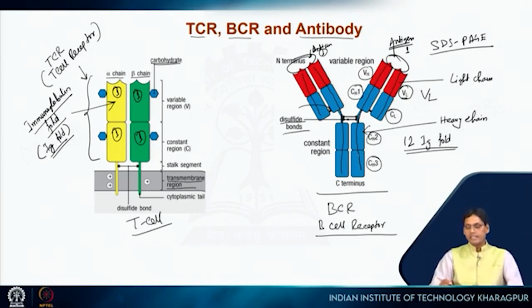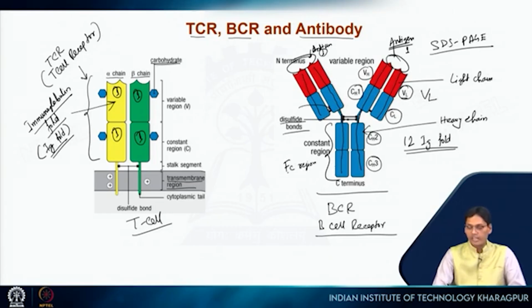And here this portion is also very important. Although I mentioned that the variable regions are important to capture antigen, through the constant region they carry out some effector function. Effector means, so this portion is called the FC region.